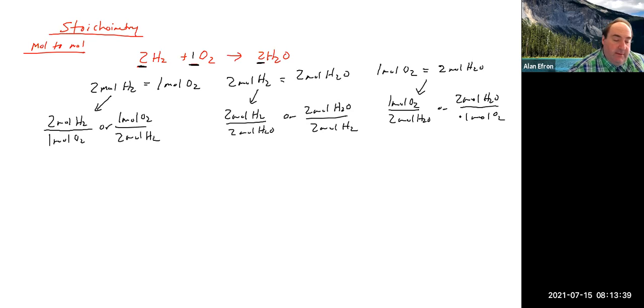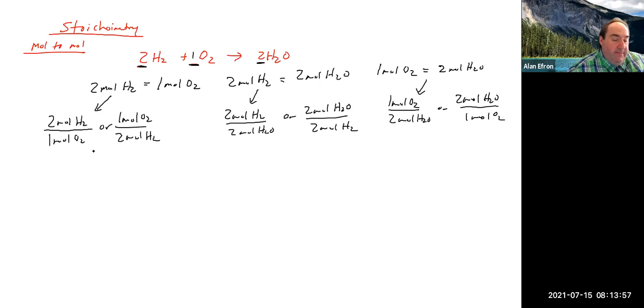Would we use all these in a problem? The answer is no, we really wouldn't use all these in a problem. We would probably only need one of them. But we would use them, again, like dimensional analysis, as a conversion factor to go through it.